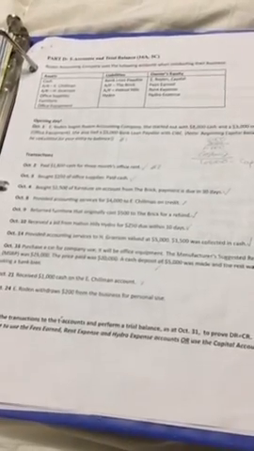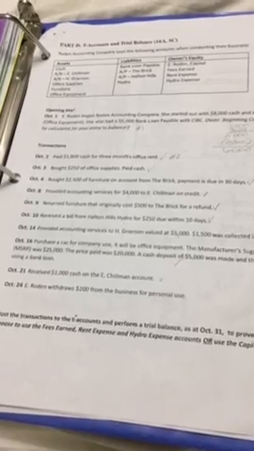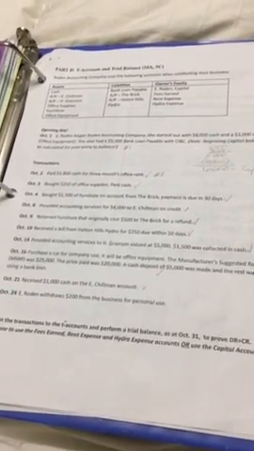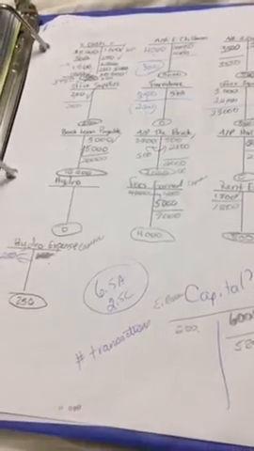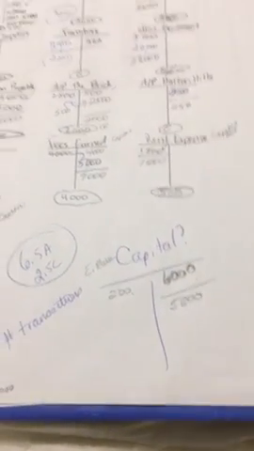Now we're on to D, which is the T accounts. For October 1st, I didn't include the beginning capital balance of $6,000. That's there.